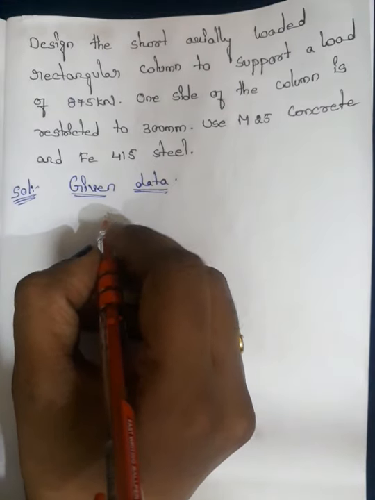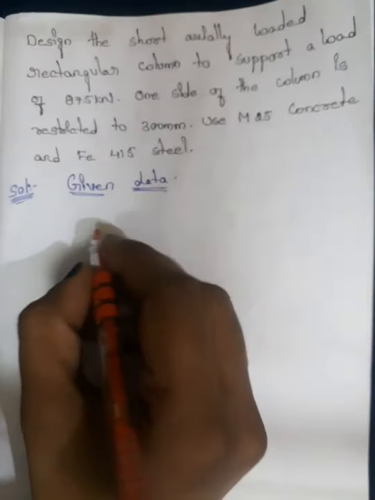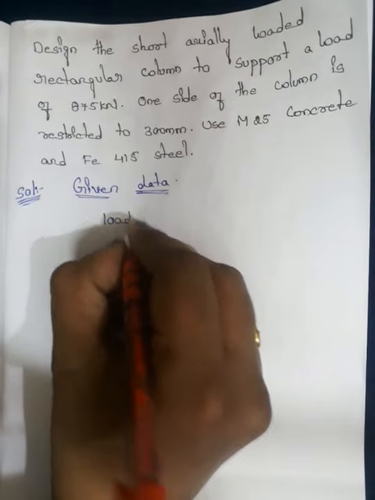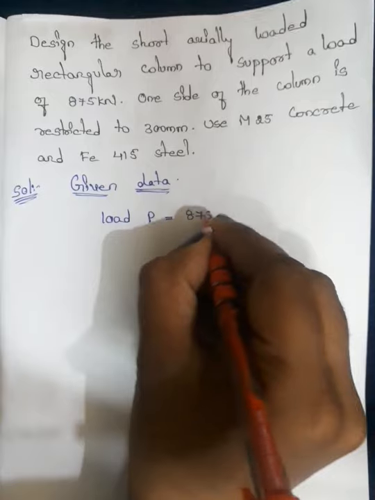A rectangular column to support a load of 875 kilonewton. So load is given, P equal to 875 kilonewton.